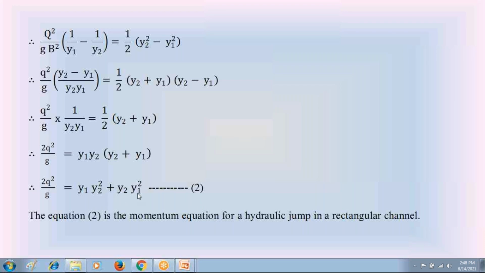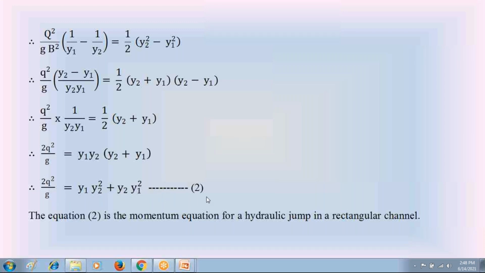If I consider y1 as quadratic equation, the equation is a y1 square plus b y1 plus c equal to 0. If I consider y2 quadratic equation, it is a y2 square plus b y2 plus c equal to 0.